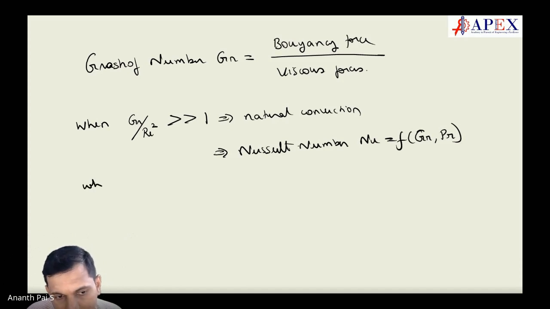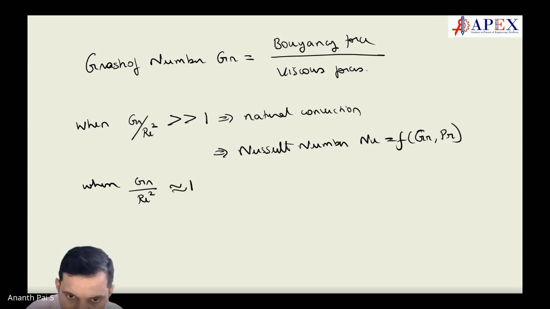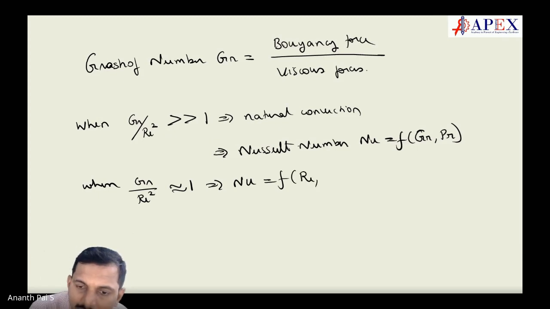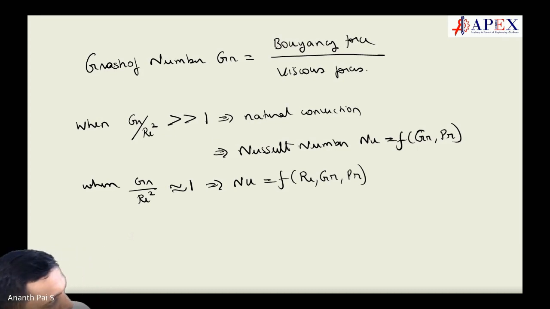When GR by RE square is almost equal to 1, then Nusselt number is a function of RE, GR and PR: Reynolds number, Grashof number and Prandtl number, all the three.